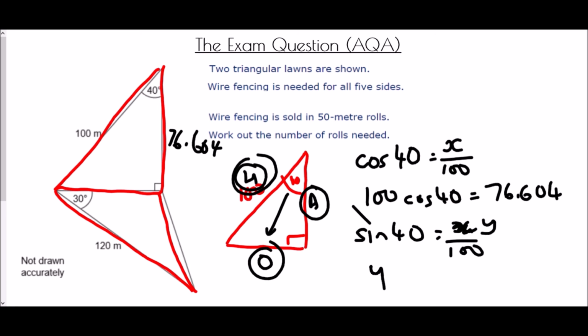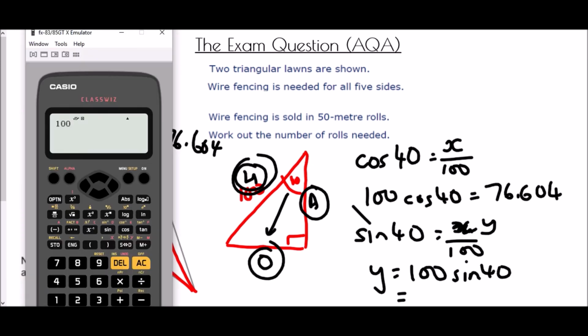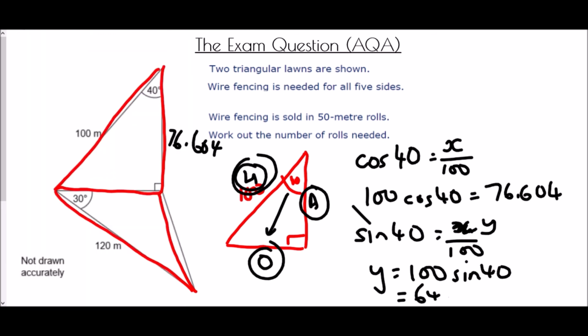So y would be 100 sine 40, and 100 sine 40 is 64.279. Let's add that onto the diagram.